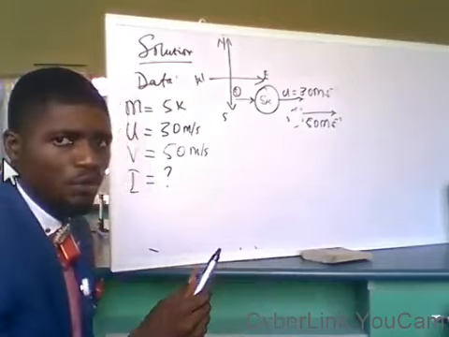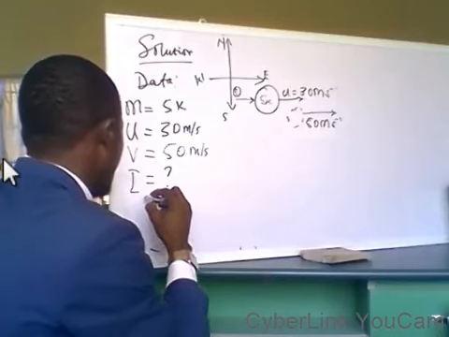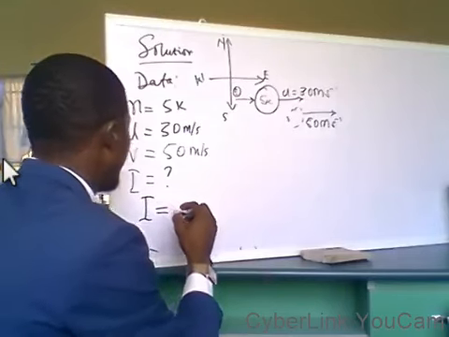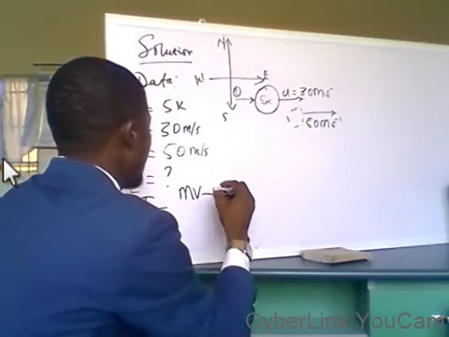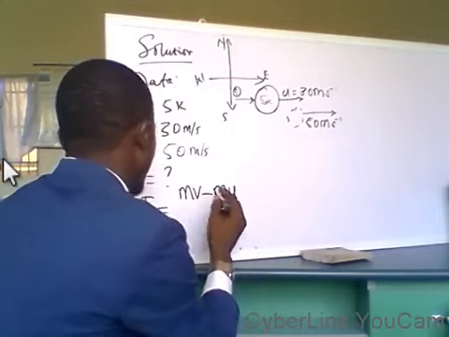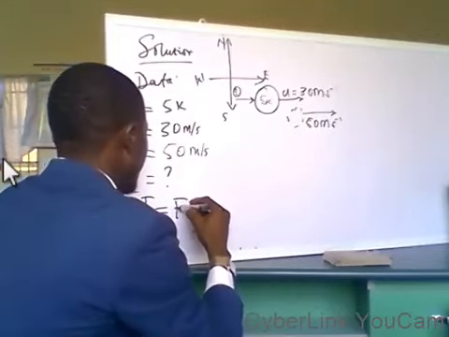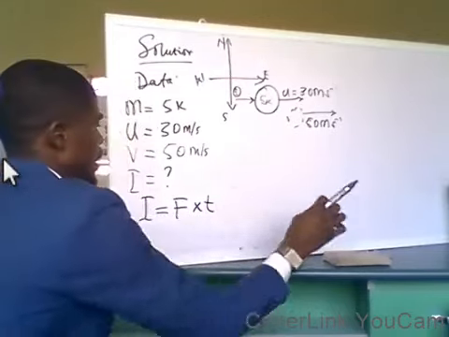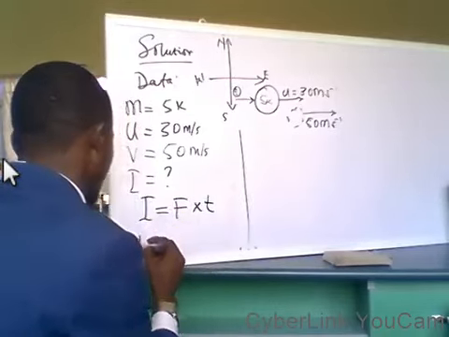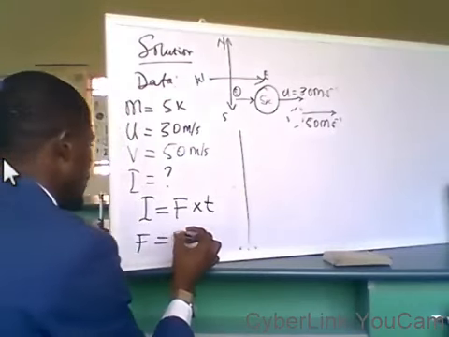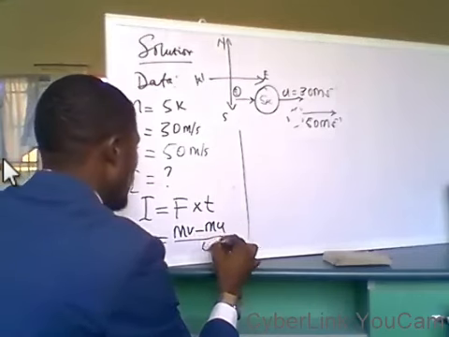So we're going to make use of this equation. We know that impulse I is force times t. And force is given as mv minus mu all over t.